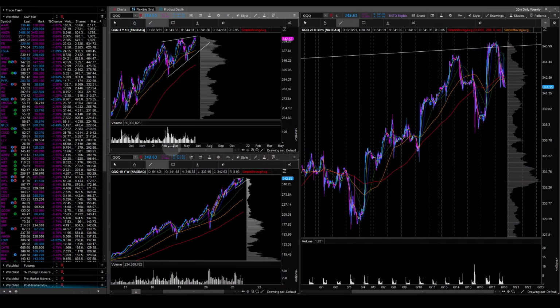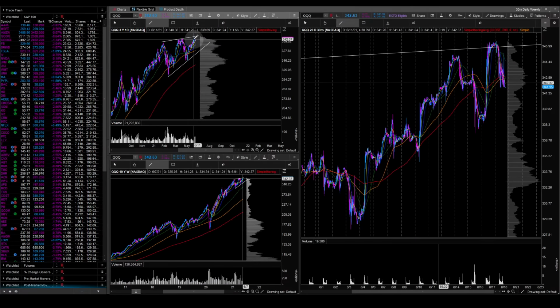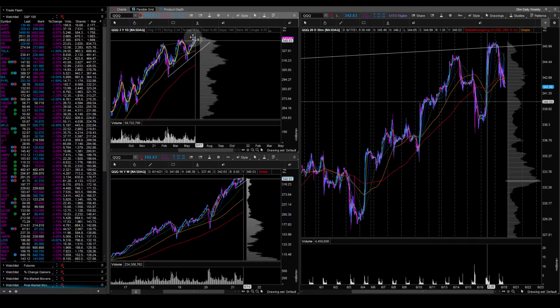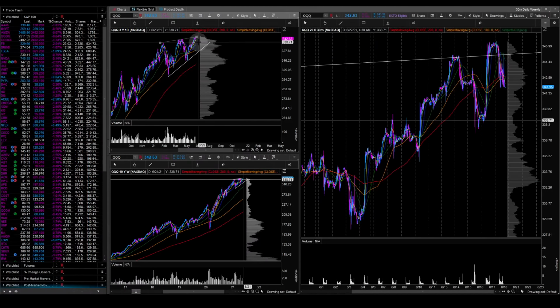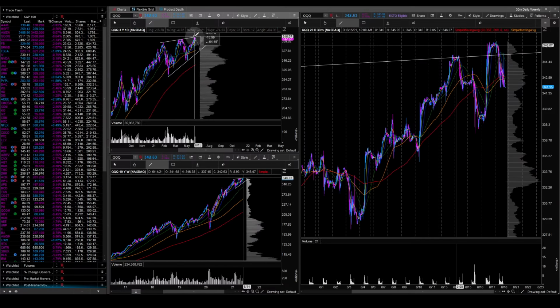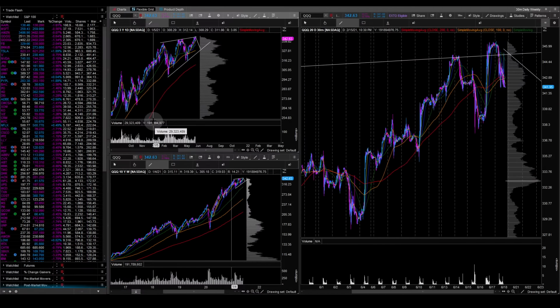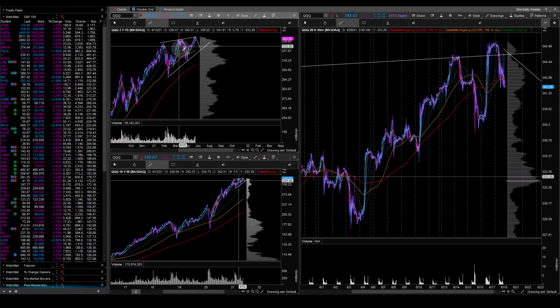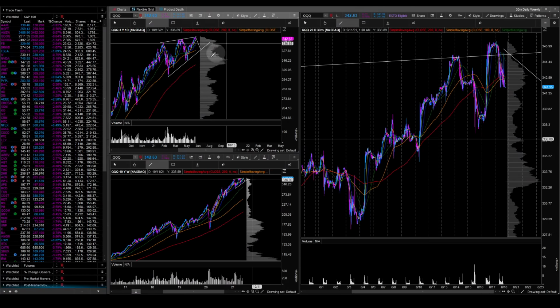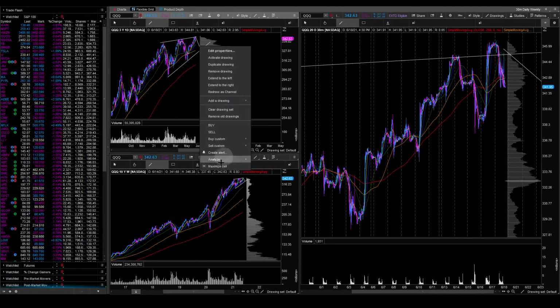I said, I'm not a huge fan of this. So if it rolls over here and does this, it could tighten up and then go, but typically it signifies some weakness.